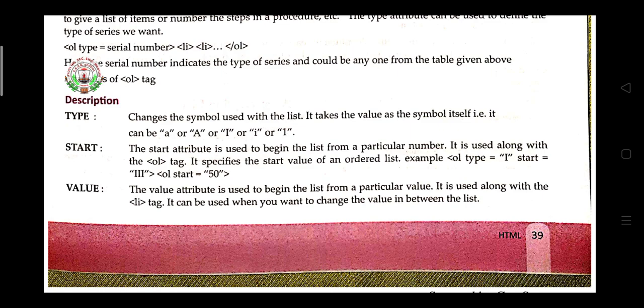It takes the value as the symbol itself, that is, it can be a, small a, capital I, small i, or 1. It's your wish to give any value from here, because if you start writing the list as alphabets, numbers, or Roman numerals, you can choose from here.